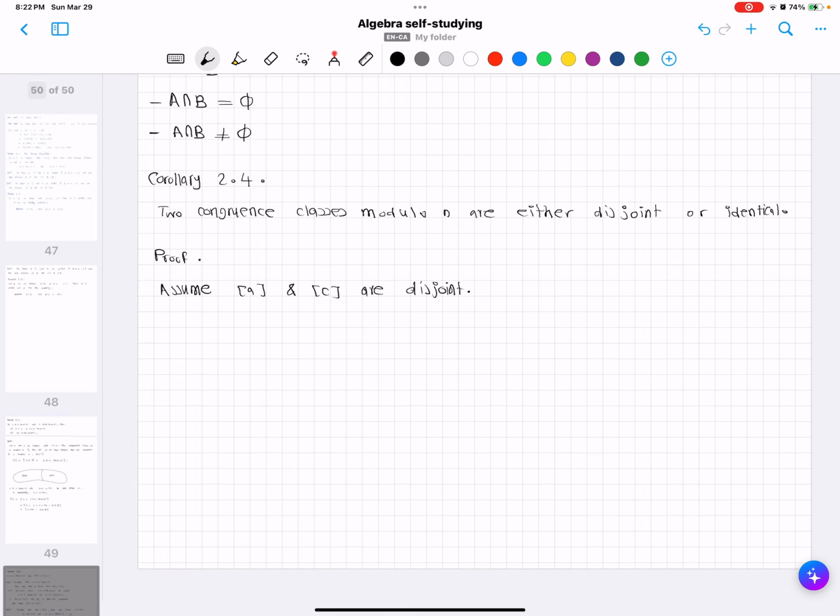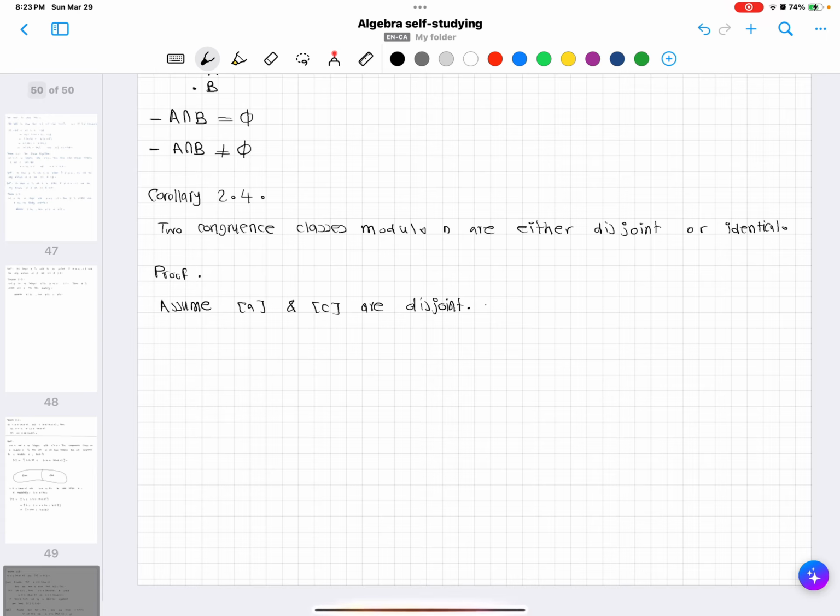Then what it means is that if they are not disjoint, it follows that there exists a B inside of their intersection.